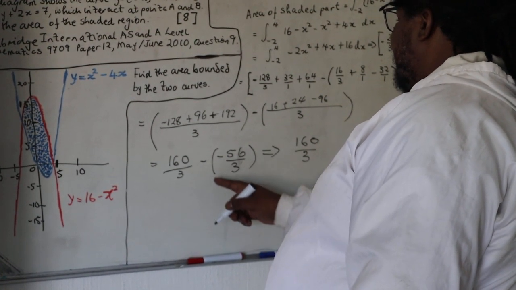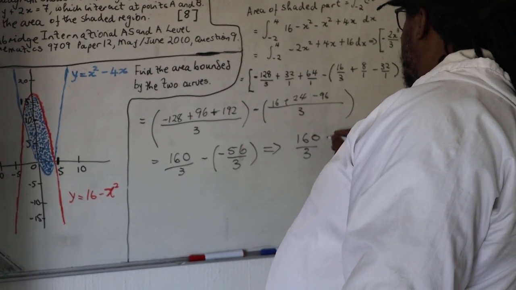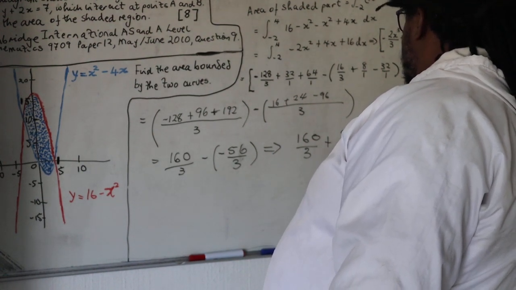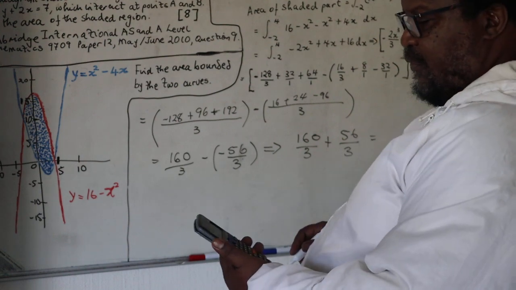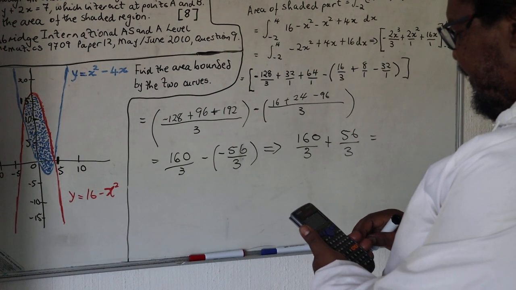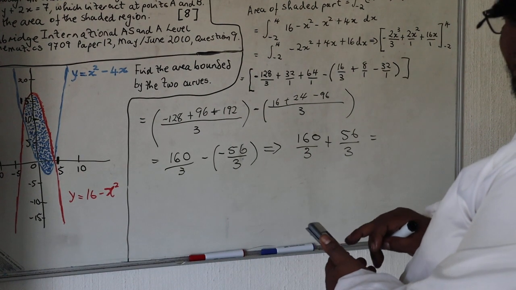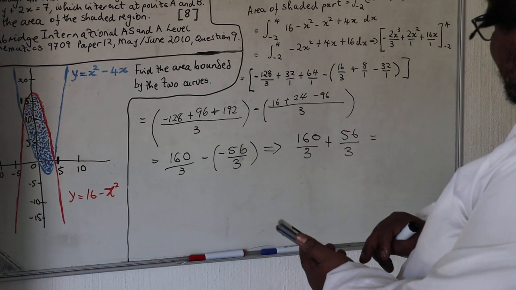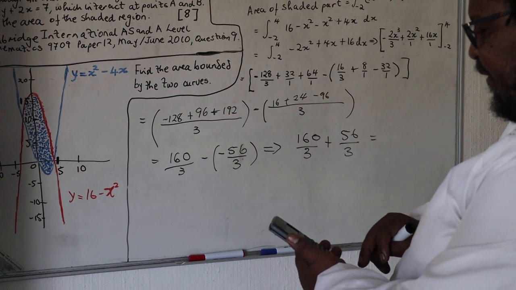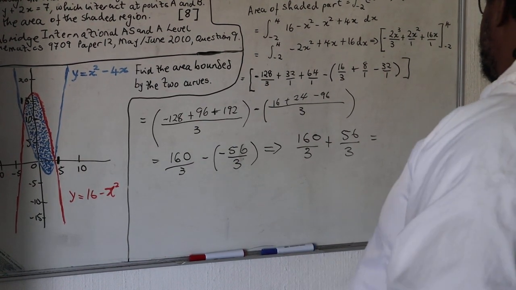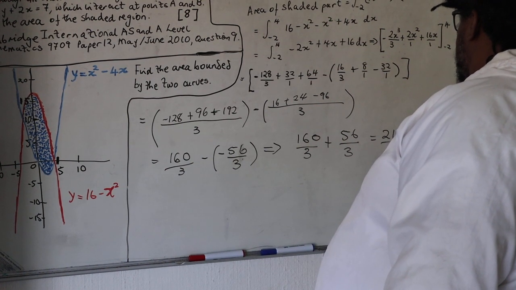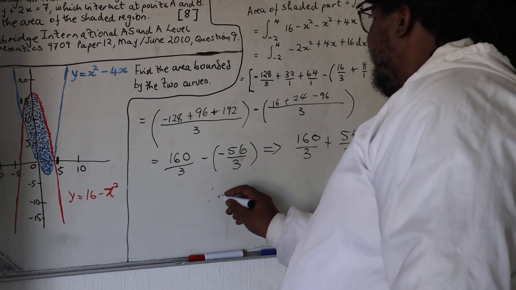We remove the brackets, the minus and the minus gives us a plus. So we have plus 56 over 3, and that is equal to 160 plus 56 equals 216 over 3.